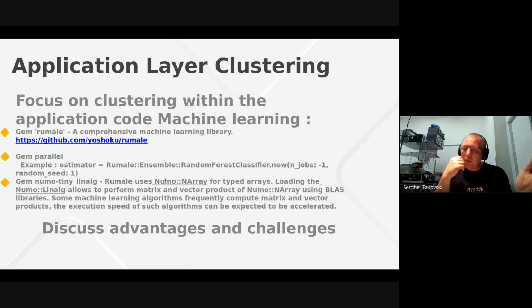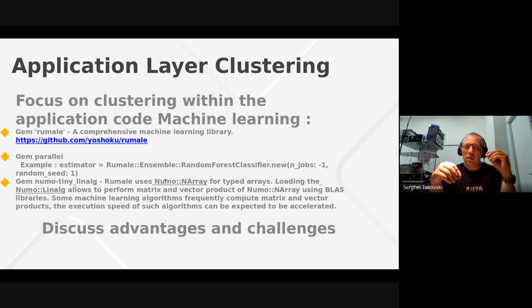The parallel gem is a specific gem for implementing the parallelism principle in Ruby. Why do we need this? Because we can get a lot of requests, and with this gem we can use Rumale with parallel, and it will be a normal online system for millions of requests per second, but it will be stable and normal.